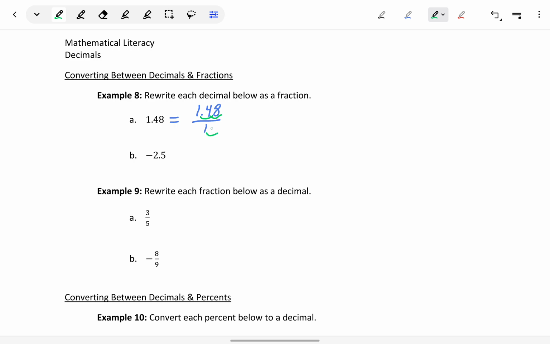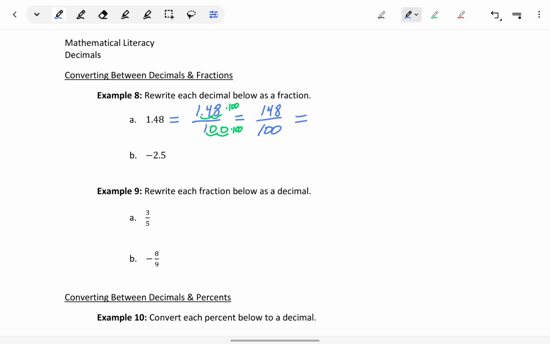So we shift that decimal place to the right once, and we'll put in a placeholder 0, and then a second time, and put in another placeholder 0. This gives us 148 over 100. And if you think about it, what we really did here was multiply both the top and bottom by 100, since we shifted the decimal place to the right 2 times.